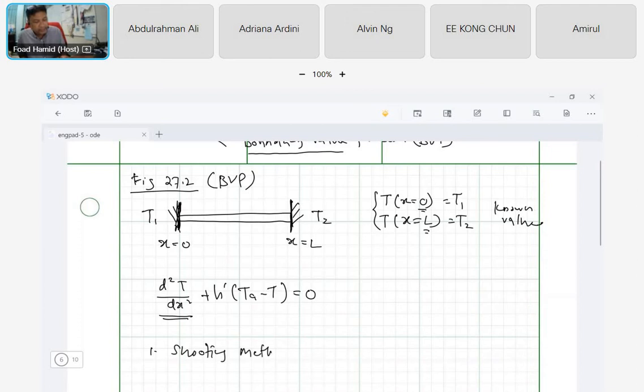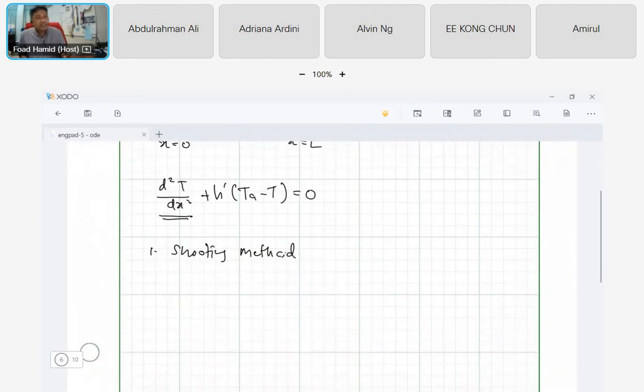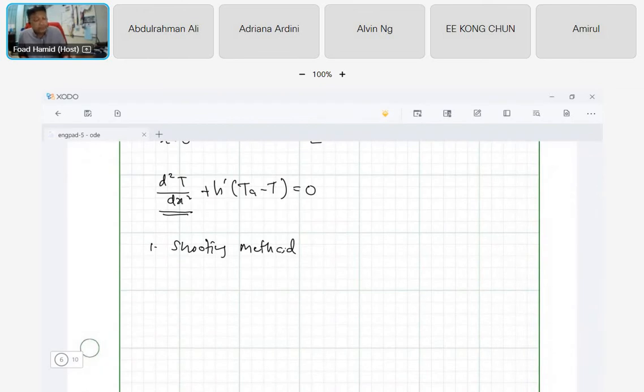It is more of a guessing kind of solution. And the second one is what we call the finite difference method.